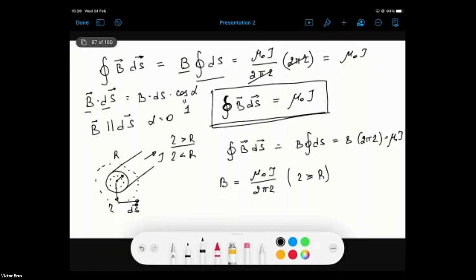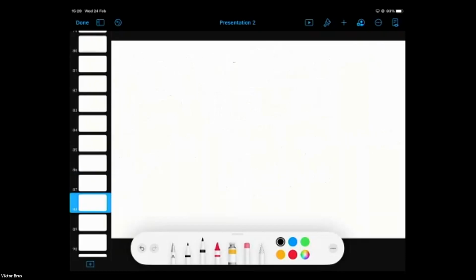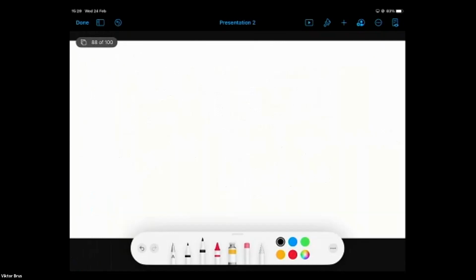So now let us consider a bit more interesting case when we have the radius of the Ampere's loop smaller than the radius of the cross section of this wire. So let us go to another slide. And in this case, we need to recall what Ampere's law states.